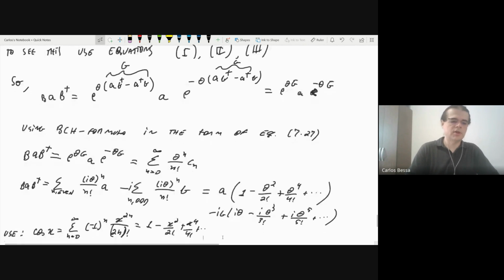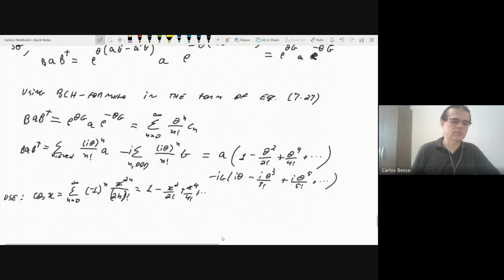And the same for the sine. Sine of x is the sum from n equals 0 to infinity of (minus 1) to the n x to the 2n plus 1 over (2n plus 1) factorial.